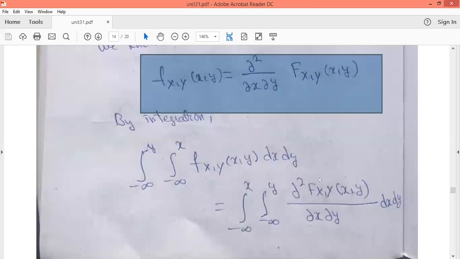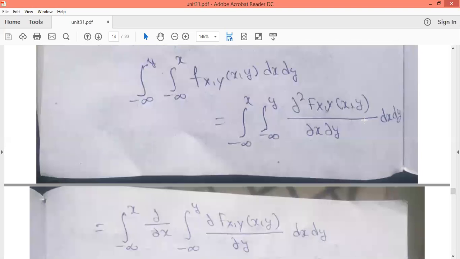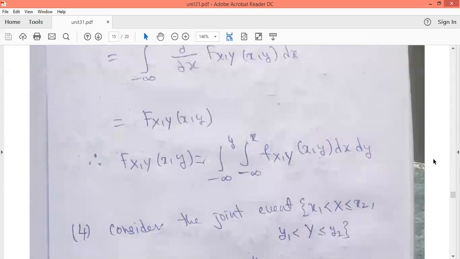We will have F_XY(x, y), which is nothing but the joint probability distribution function. We are taking two integrals, one with respect to x and the other with respect to y, where the x limits are minus infinity to x and the y limits are minus infinity to y.